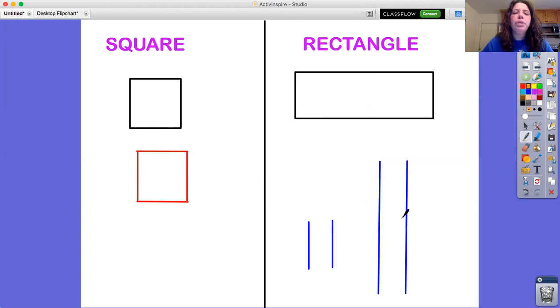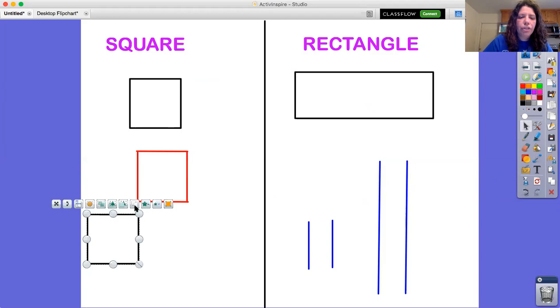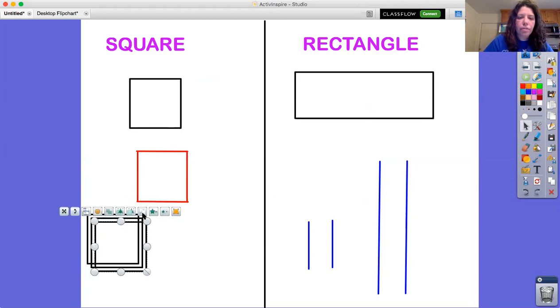Now what we're going to do is go ahead and turn these plane figures into 3D solid shapes. So let's take a look at our square. If I was to take 6 of these, so if I was to pull this down here, and I was just going to make 6 copies.